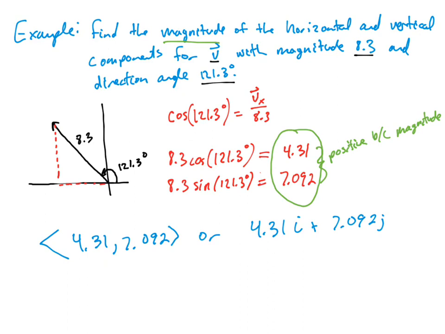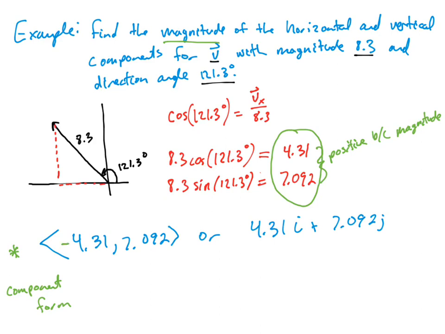However, what I wrote down here we call component form. And when we write a vector in component form, we don't just put the magnitudes. We want to be able to identify which direction this vector is going in. So the horizontal component is going to be negative in each of these instances.